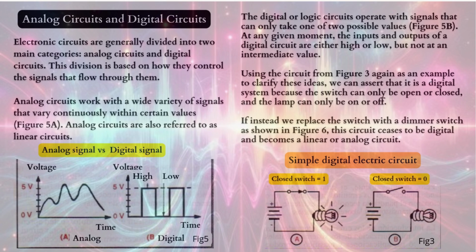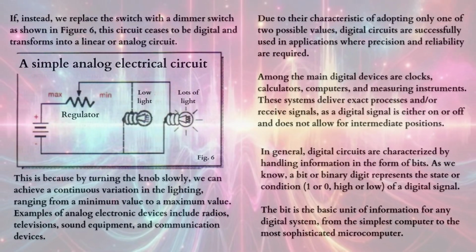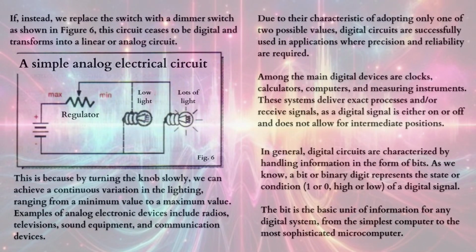If instead we replace the switch with a dimmer switch as shown in figure 6, this circuit ceases to be digital and transforms into a linear or analog circuit. This is because by turning the knob slowly, we can achieve a continuous variation in the lighting, ranging from a minimum value to a maximum value.